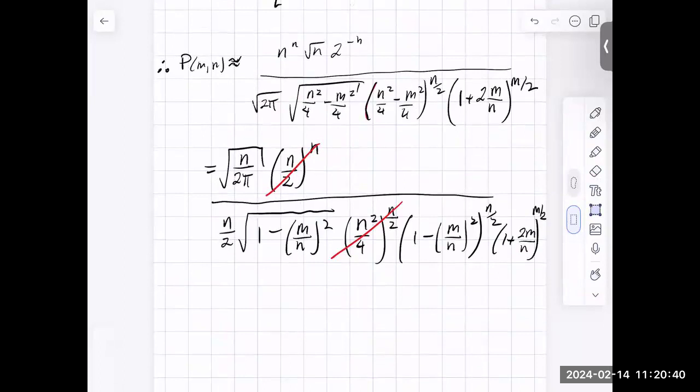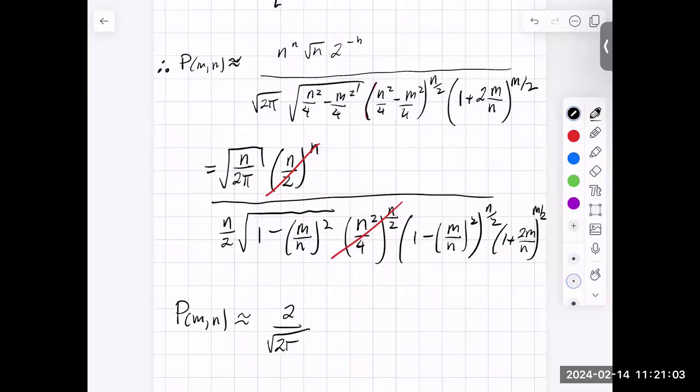So then what do we have here? We have our probability of m extra steps to the right is approximately, okay, we're going to get a 2 from this n over 2. So we get a 2, and then a square root 2 pi. Then we have a root n divided by n, so that's going to be 1 over root n.